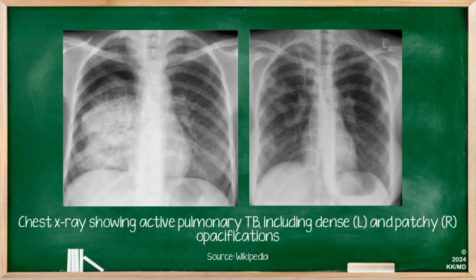So these are two quite classic examples of chest X-ray findings on active pulmonary TB. On the left-hand side of the screen, you would see a really large, dense, right-sided consolidation. And on the right side of the screen, it's presenting more as a patchy opacification on the chest radiograph.